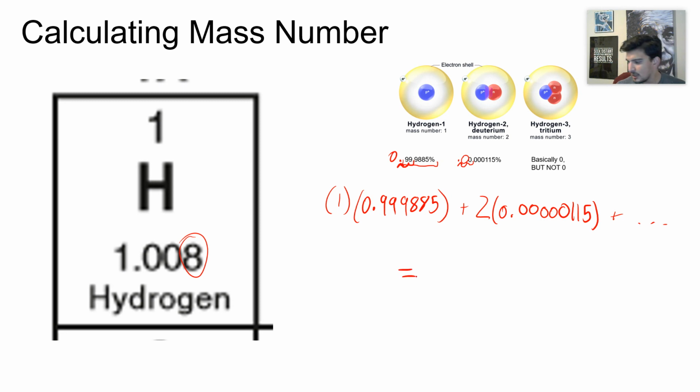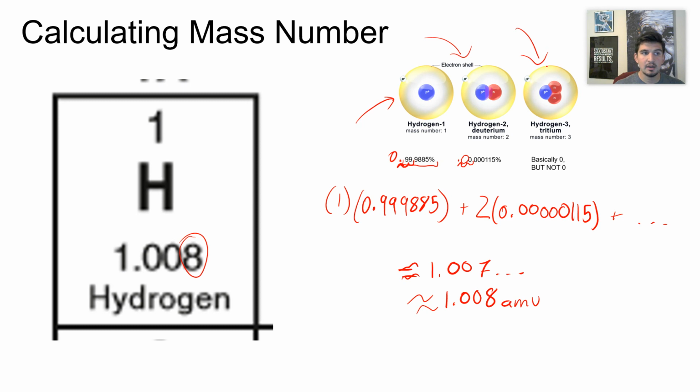And if I plug this into my calculator exactly like this, we get a grand total of, and I promise I'm doing this right now, it's sitting right in front of me, here's my calculator, almost 1.007 with some stuff after it, and if we round it, we get 1.008 AMUs. So this mass number isn't just talking about the most abundant, it's talking about, in general, if we were to take into account all the different masses, what the average mass would be.